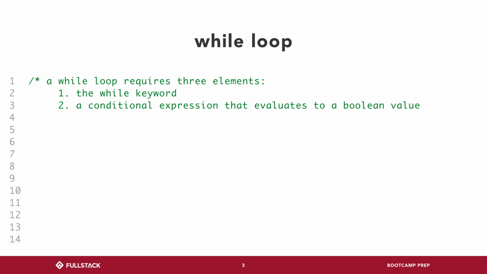Then it takes a conditional expression, and that's the thing that came in those parentheses. It says that when the computer runs that expression, it should evaluate to a Boolean value. So far, we've only used less than and greater than operators, which work just as you would think in English. If something is less than something else, that expression will be true.